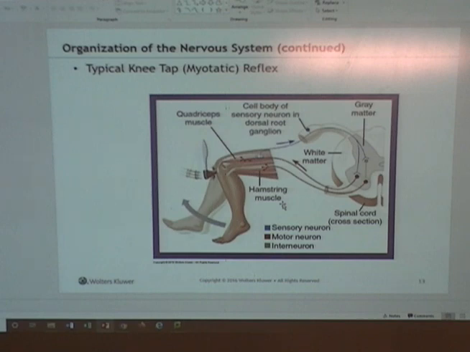That can be fixed by going in and either putting pins in or inserting some rubbery substance to spread the vertebra back out and release the nerve.